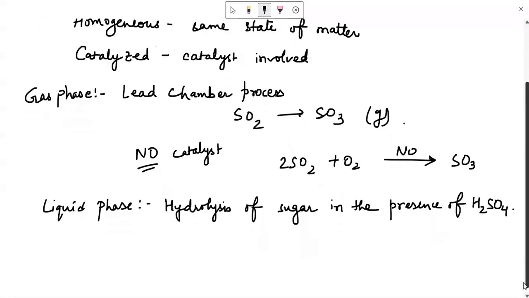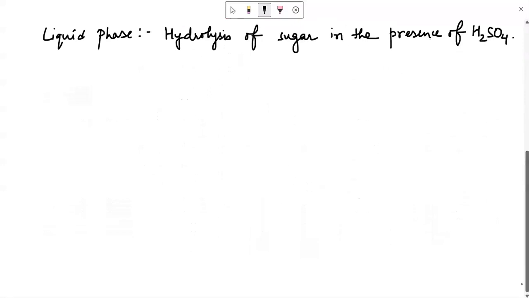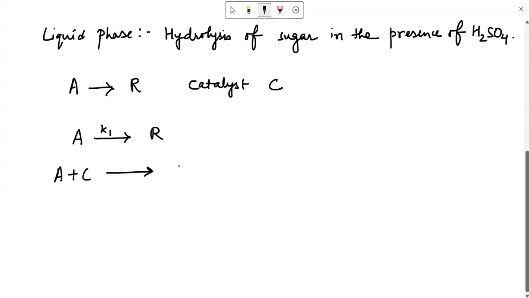Now we want to study the kinetics of homogeneous catalyzed reactions. The reaction rate is the sum of the rates of both the uncatalyzed and catalyzed reactions. What do I mean by this? Let's say we want to react A and get the product R, and there is one catalyst named C. The uncatalyzed reaction is A gives R at rate constant K1, and the catalyzed reaction is A plus C gives R plus C. C is the catalyst.